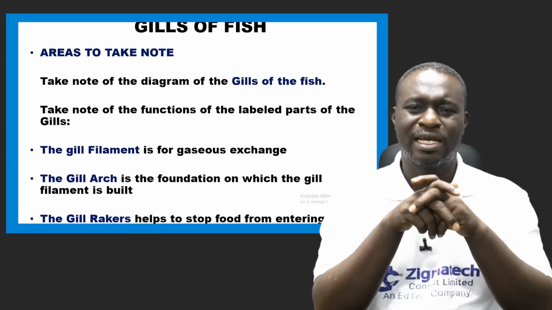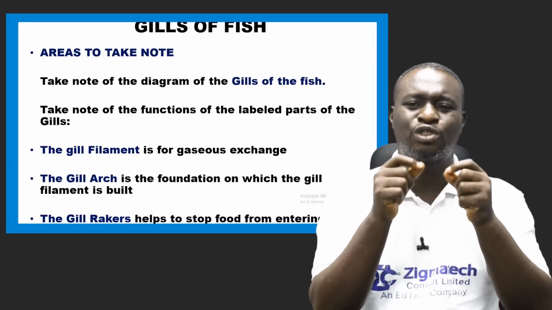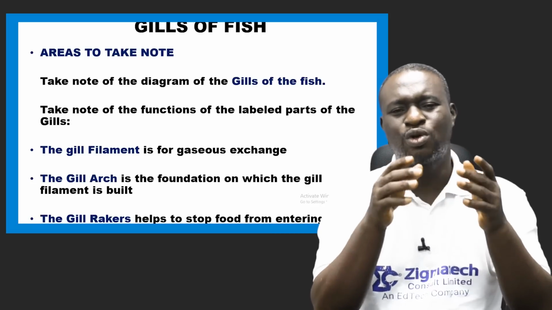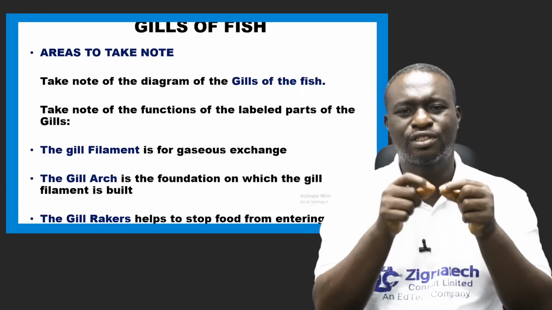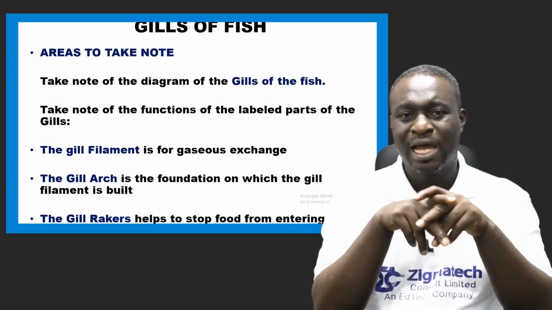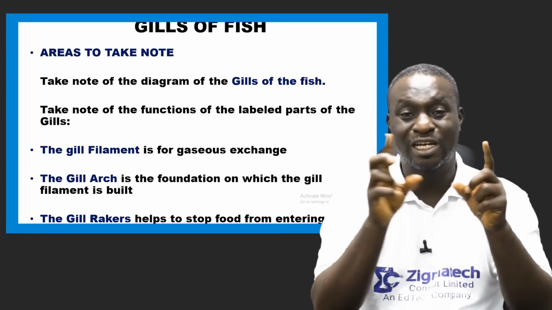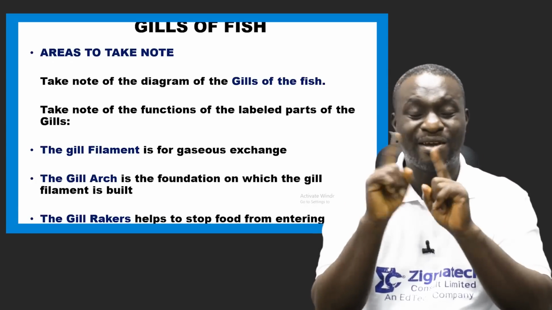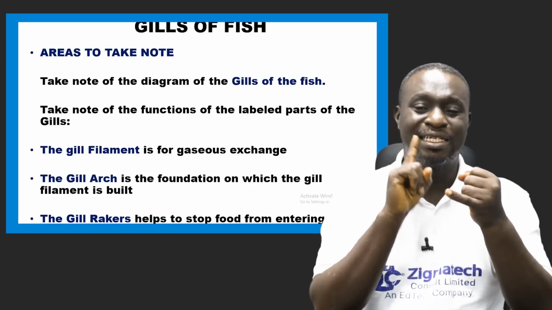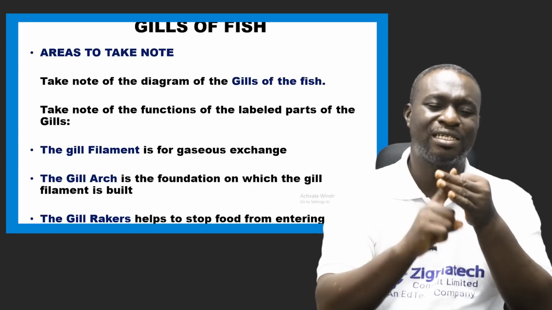Another important thing to note is the functions of those labeled lines. If you look at the structure of the gills of a fish, there are three important labelings you should never miss. These are the gill filament, the gill arc, and the gill rakers.